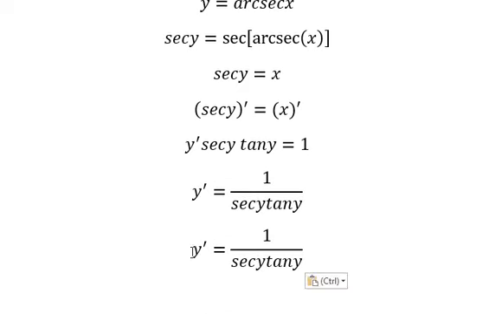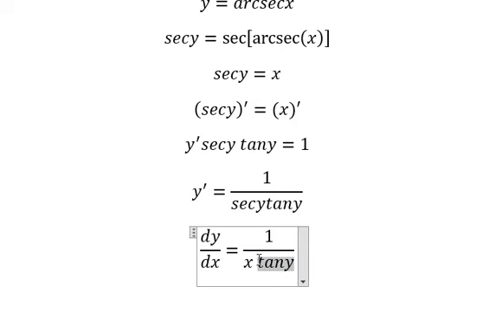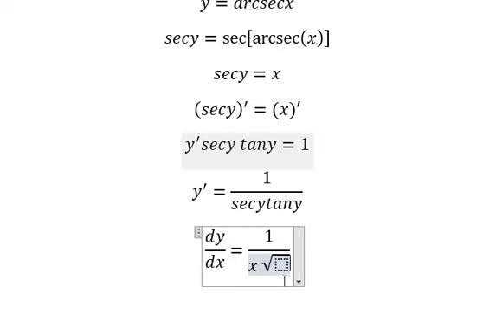So we know that this one that is about dy over dx. Secant of y that is about x. Tan y that is about the square root of tan y square.